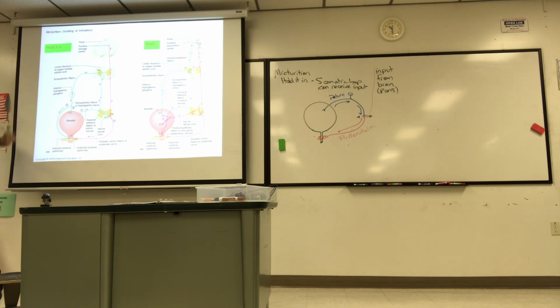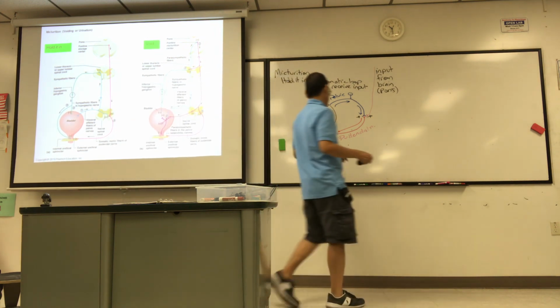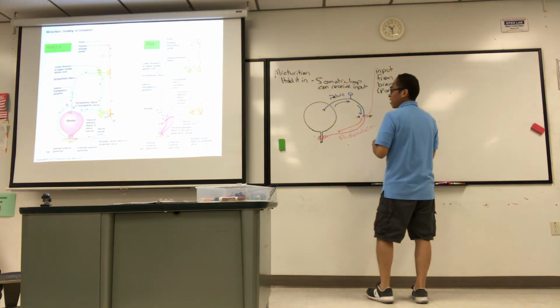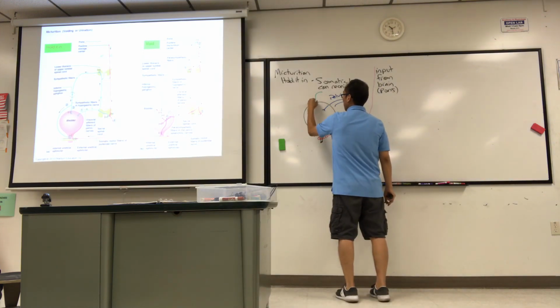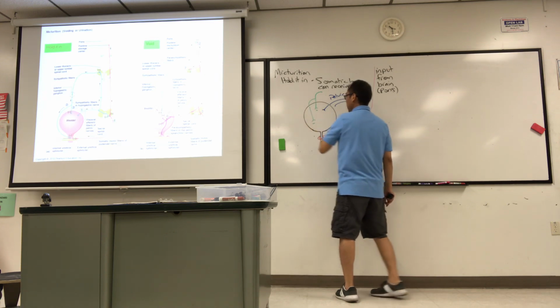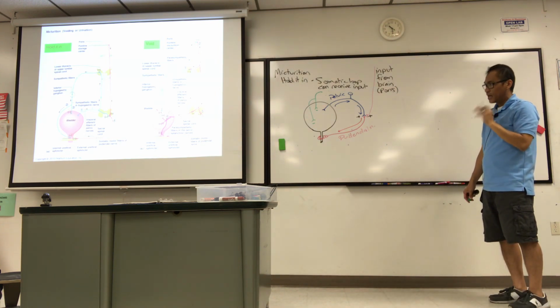So the hypogastric nerve, we have a green nerve there. I'll just draw the postganglionics. I'll put negative sign, negative sign. The hypogastrics inhibit detrusor.